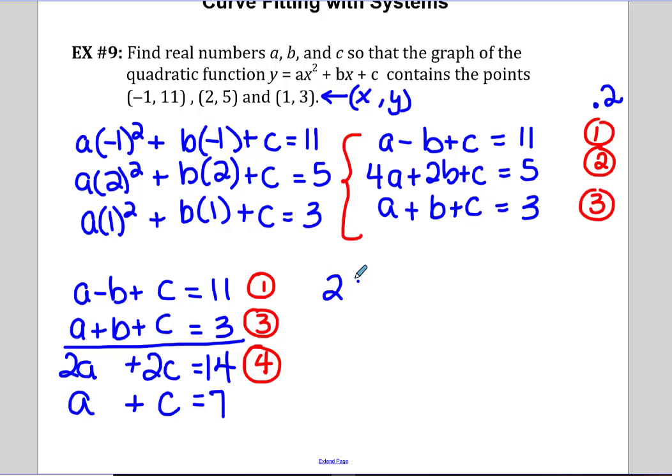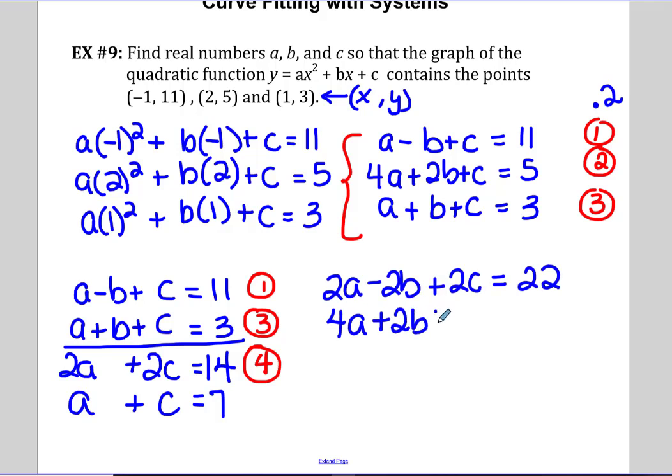So we'll have 2a minus 2b plus 2c equals 22, and then add that 4a plus 2b plus c equals 5. So we're adding equation 1 and equation 2 together, and see where that gets us.